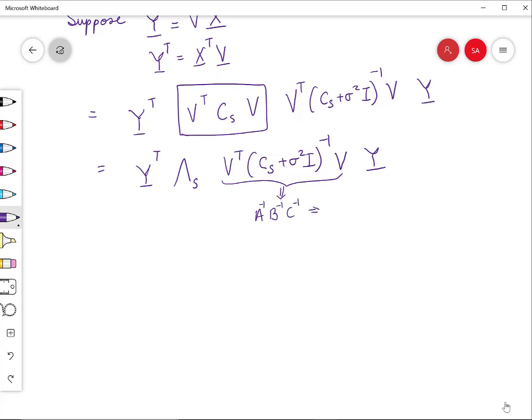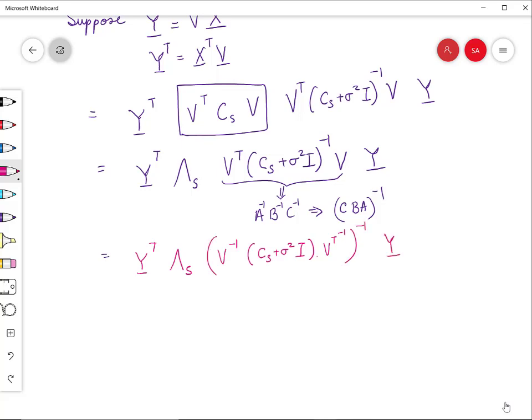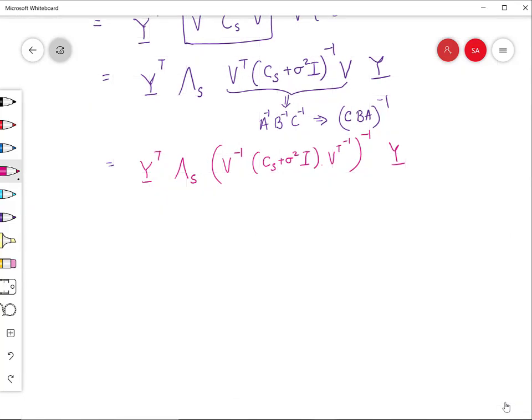So I'm going to write this in the form CBA whole inverse. So this becomes Y transpose lambda s times, I can write this as V inverse CS plus sigma square I times V transpose inverse whole inverse times Y. Now V transpose inverse is equivalent to V and V inverse is equivalent to V transpose.